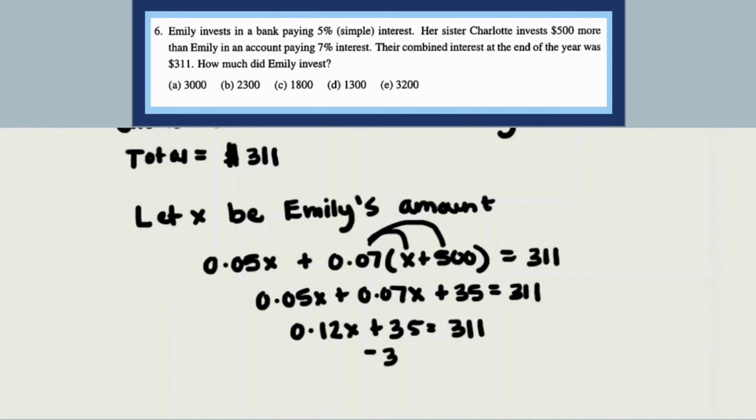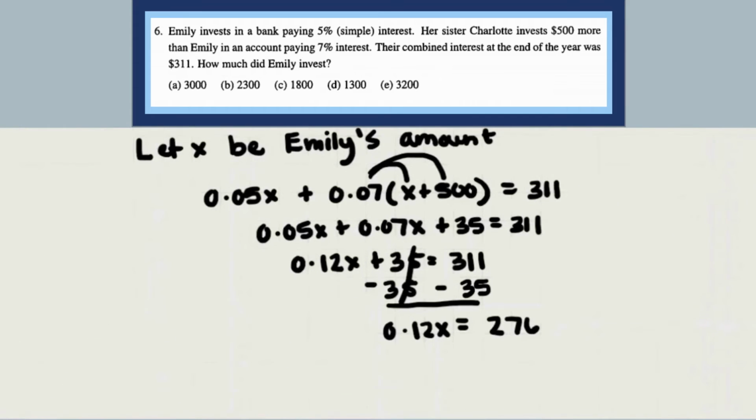We're going to subtract 35 on both sides, and we'll get 0.12x equal to, and 311 minus 35 is 276. From here, we're just going to divide by 0.12 on both sides.